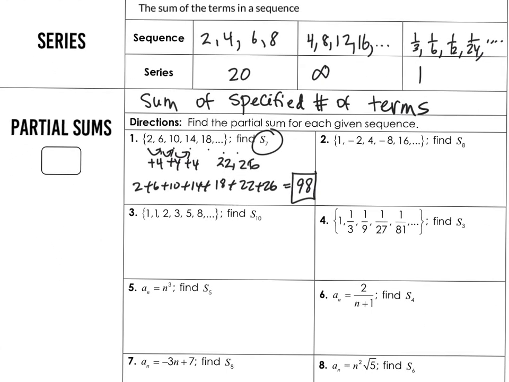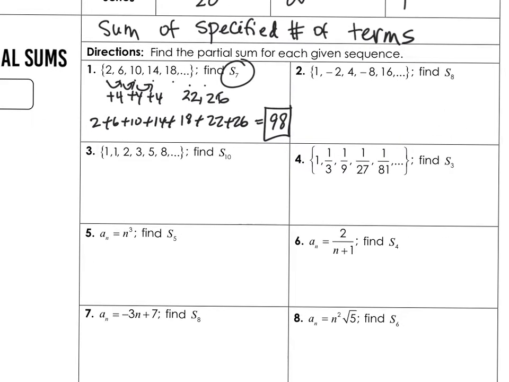On number 5, they don't give the sequence, but they tell us what it is by a formula. So S of 5, the sum of the first 5, means we have to find the first 5 terms. We plug in 1, and that gives us 1 cubed.